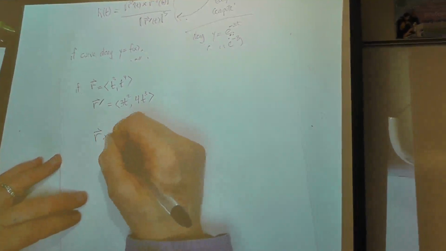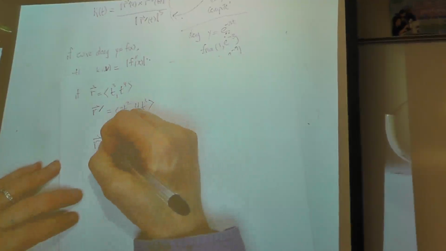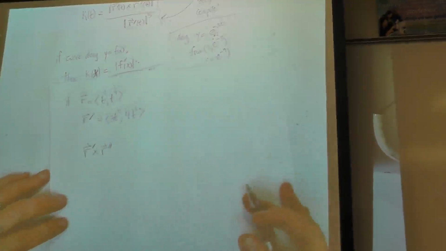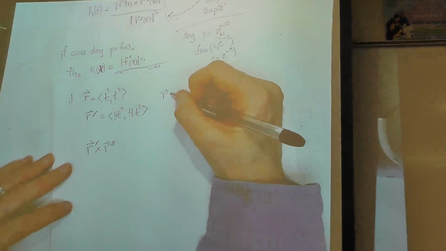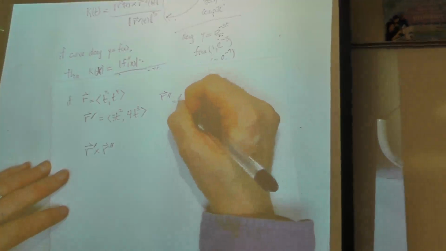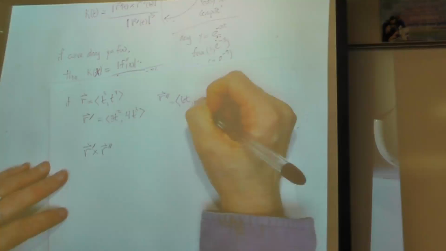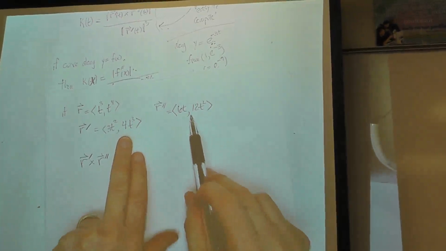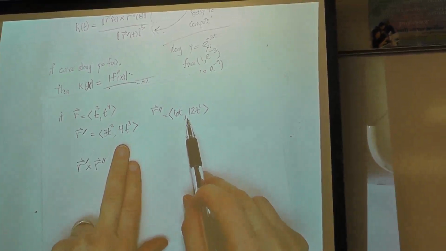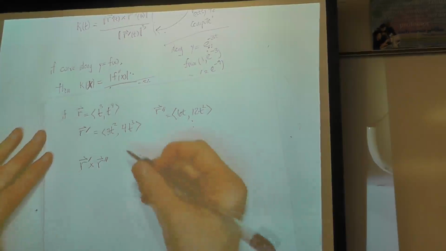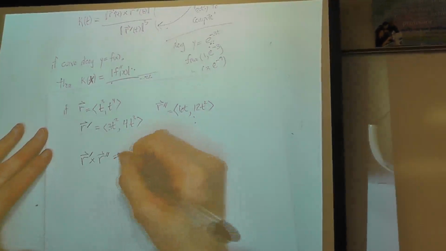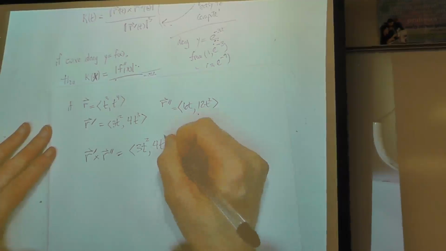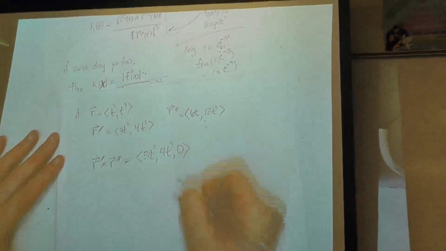When I go do r prime crossed with r double prime, because I need the next derivative, I can't cross these as written because they're in 2 dimensions. So what I would really do is add a 3rd component on, but the 3rd component will be 0.